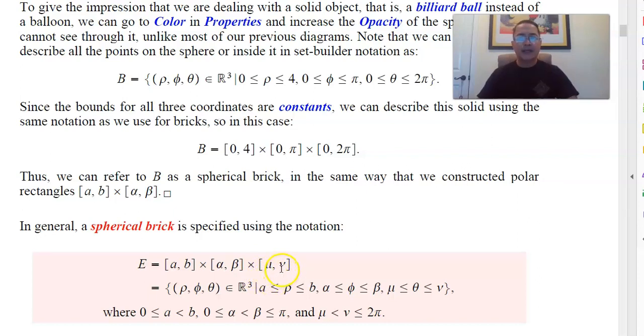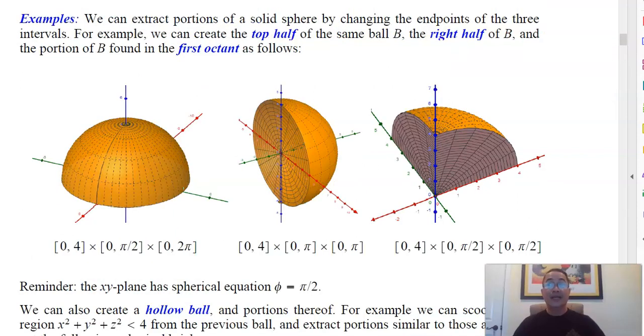You see it a lot in physics, and same thing with nu. These are chronologically next to each other in the Greek alphabet, basically the letters M as in Montana and N as in Nebraska. That is the general notation for a spherical brick.